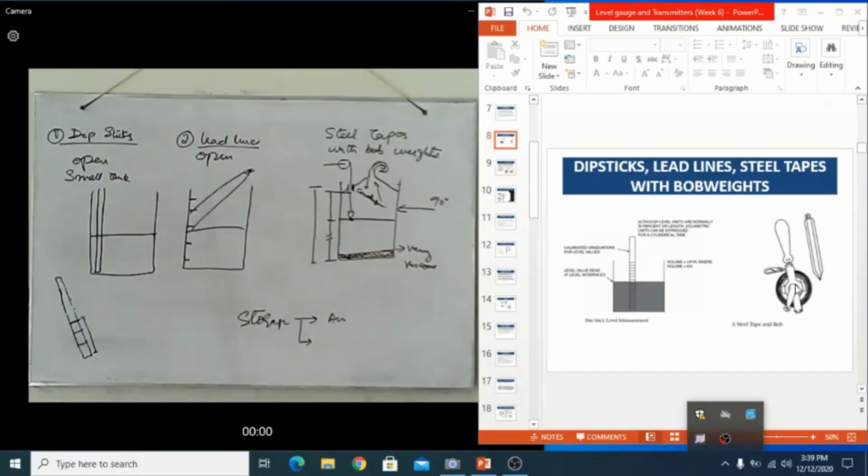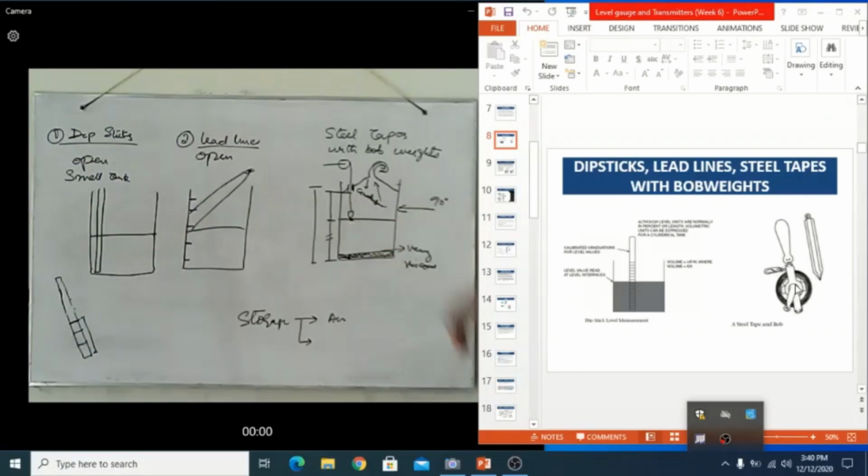So there are two methods. One is in which you touch the bottom part of the tank, which is actually the real method of dipping operation. And there is another method, which I have just shown you, where the bob weight needs to touch the upper surface of the liquid.